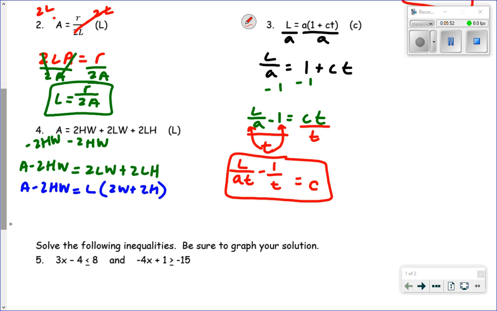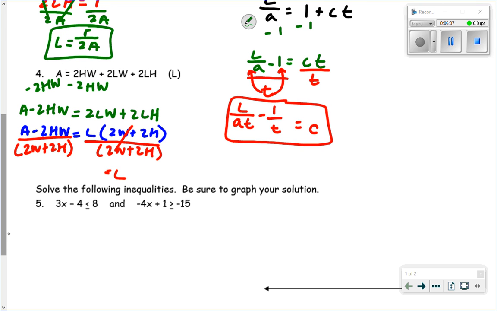I need to divide. Remember, we keep it in parentheses because they're locked. So now I've just got L. And then on the other side, I can't reduce that at all because the quantities in parentheses are attached. So I've got A minus 2HW over 2W plus 2H.